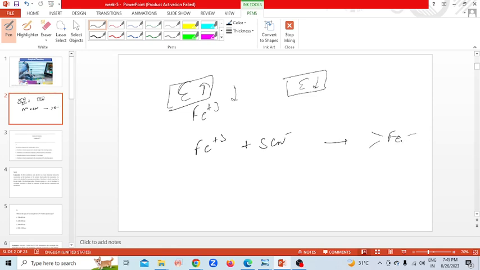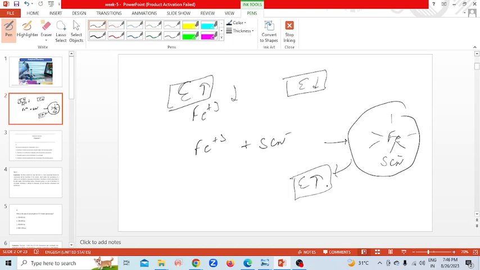One side will be replaced by the thiocyanate ion, and it will give this type of complex. Why are we making this complex? Again, because its epsilon value is very high.